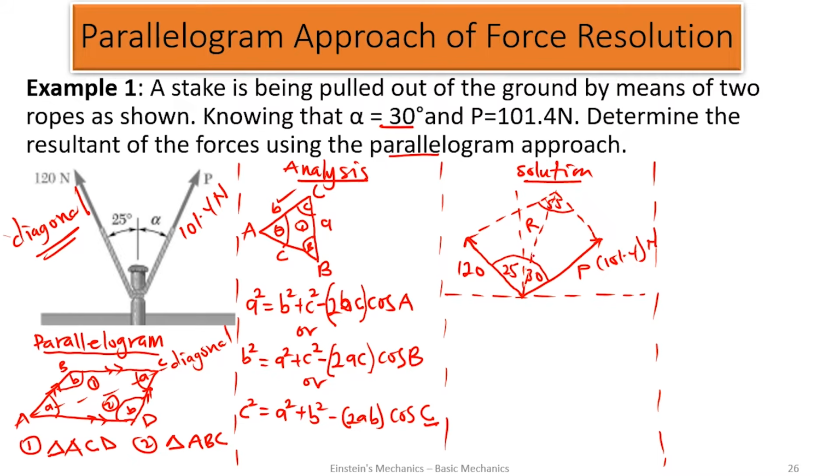This dotted line is my resultant, R, which represents the resultant of the two forces, and at the same time it is the diagonal of the figure. Remember, the parallelogram law states that the diagonal is the resultant. So we can choose each side of the parallelogram as our triangle and consider using the cosine rule.